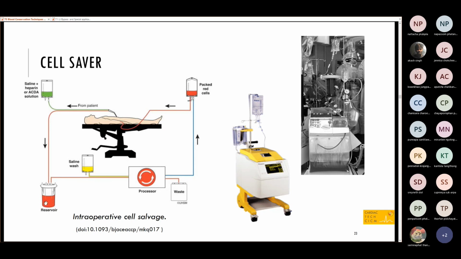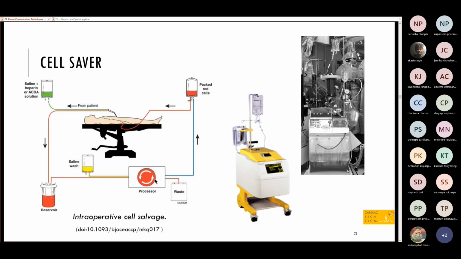Inside the reservoir, the blood will be mixing with heparinized saline, right? When we collect this until the optimal level, we start the pump here, the processor pump.